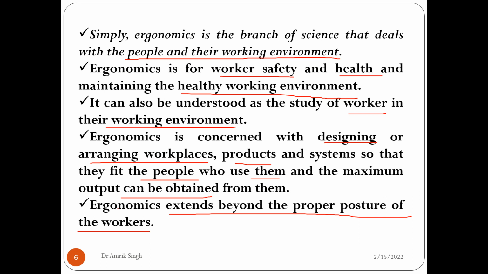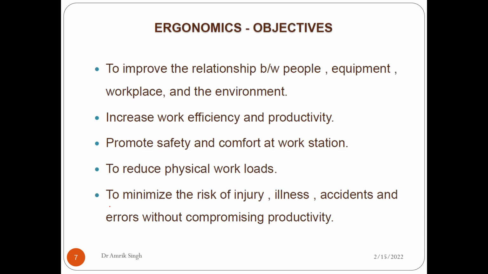So it is not only concerned with the posture of the workers. Now, what are the objectives of ergonomics? The first objective is to improve the relationship between people, equipment, workplace, and the environment. If they are in good relation with each other, only then can the manufacturing be productive. Second is to increase the work efficiency and the productivity.